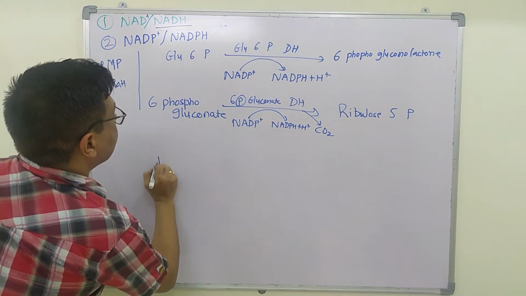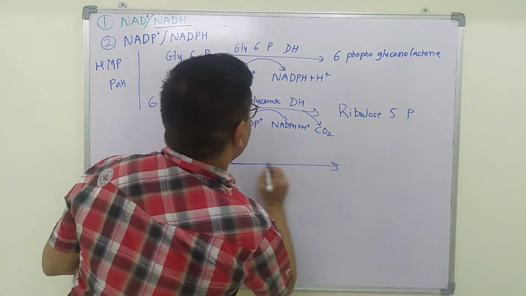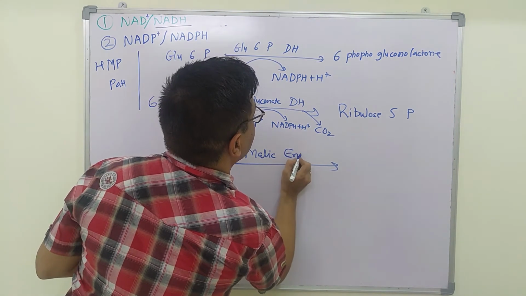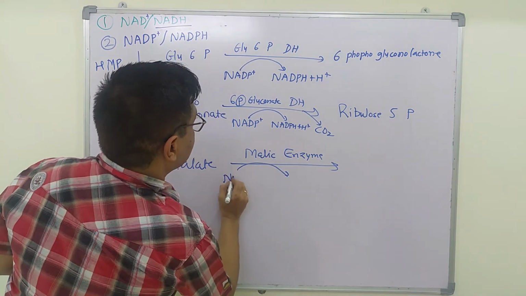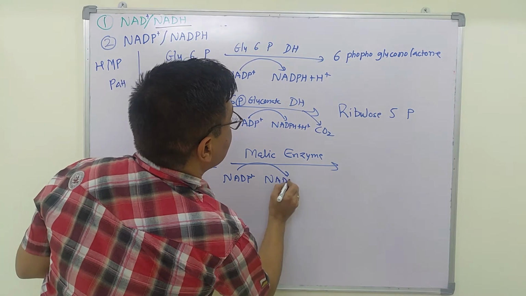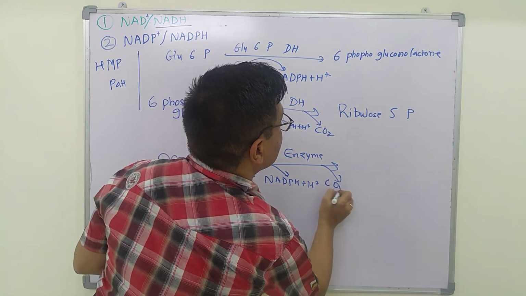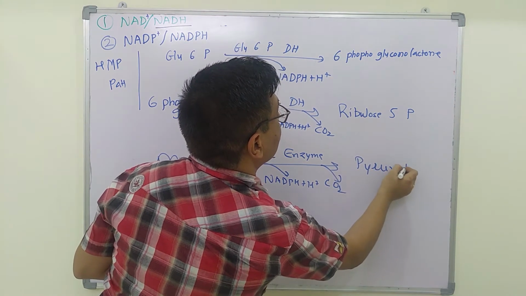Then malate acted upon by malic enzyme, here again NADP plus is converted to NADPH plus H plus. With release of carbon dioxide, it is converted into pyruvate.